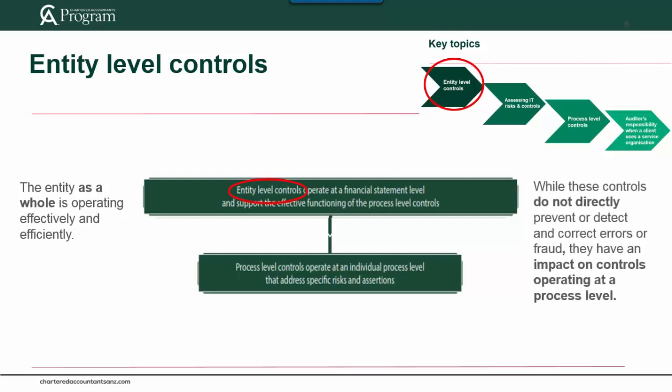While these controls do not directly prevent or detect and correct errors or fraud, they have an impact on controls operating at a process level. For this reason, auditors consider entity-level controls early in the audit process because the results of the evaluation of entity-level controls can impact on the audit strategy and the audit plan.